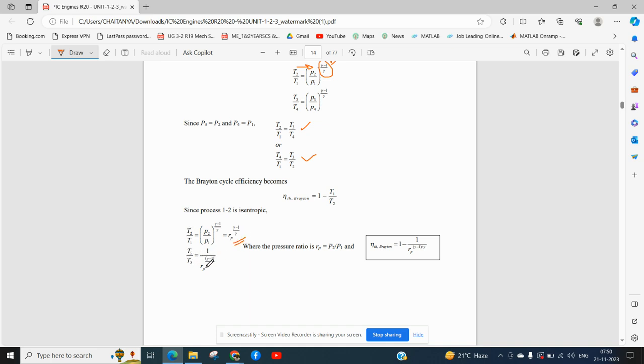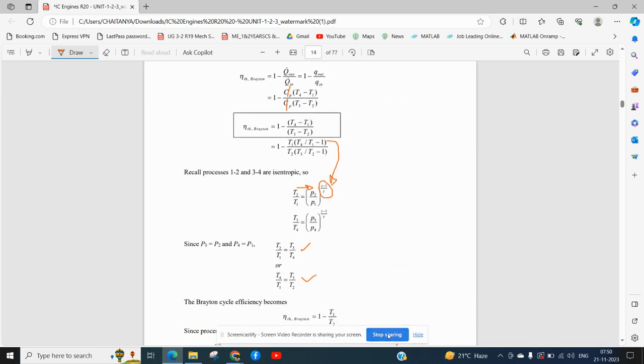Finally, the efficiency of the Brayton cycle uses the pressure ratio rp equal to P2 by P1, whereas in the Otto cycle it is the compression ratio rc. So the efficiency of the Brayton cycle is 1 minus 1 by the pressure ratio to the power gamma minus 1 by gamma.